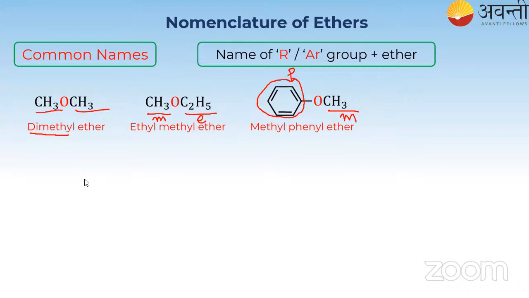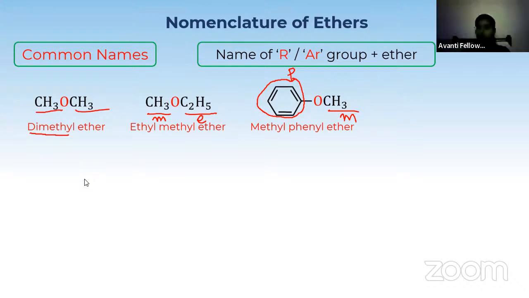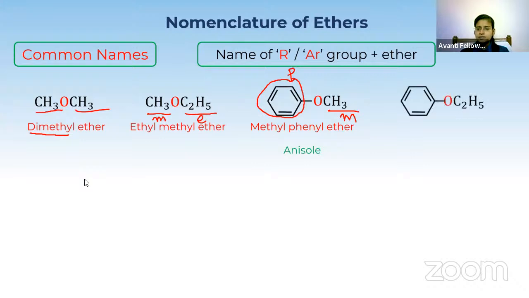Methyl phenyl ether is otherwise called anisole. If you have a phenyl ring attached to OCH3, you name it as anisole. Got it?